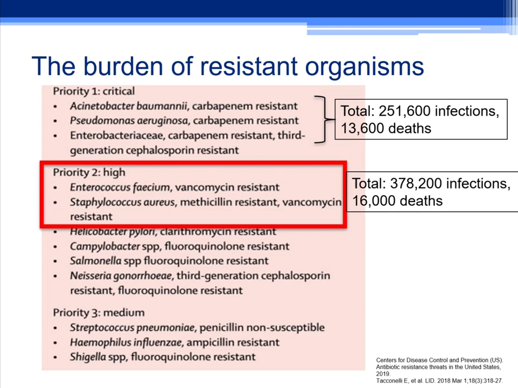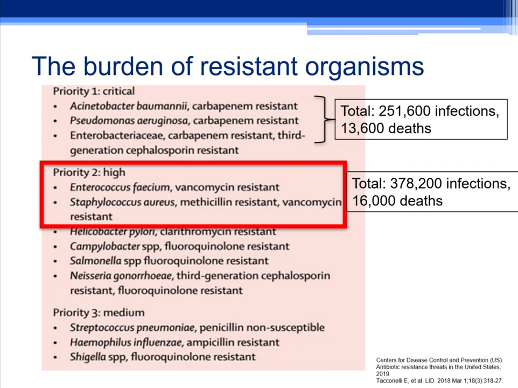So taking that into account, when you go down to priority 2, or their high priority burden of drug resistance, you can see with vancomycin-resistant Enterococcus and methicillin-resistant Staph aureus, there's almost double the amount of infections and even a significantly greater amount of deaths. These numbers have changed looking back when I updated my slides from 2013 to 2019.